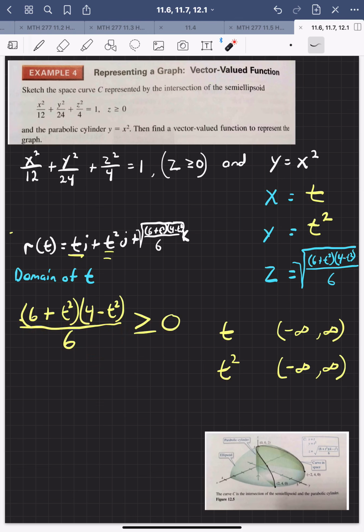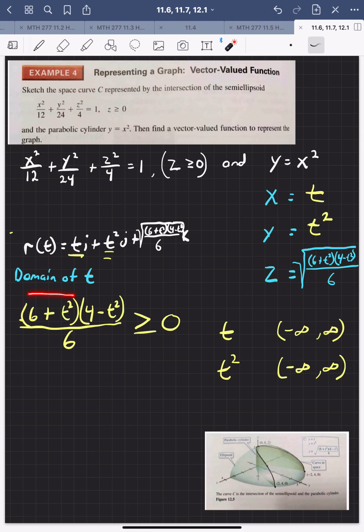Why can I do that? Why can I just get rid of the 6 by multiplying both sides by 6? Well, because this 6 is not going to contribute, because we're going to see if we can form a situation where it's equal to 0.